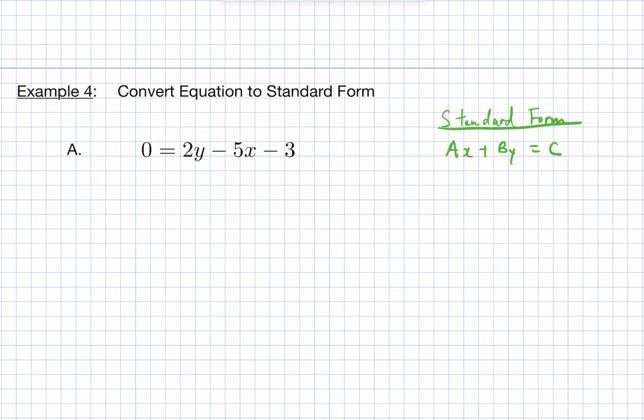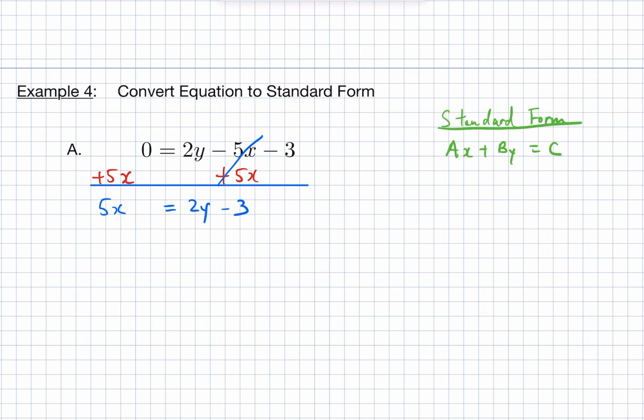So the first thing we're going to do is move this negative 5x over to the other side, and to do that we're going to add 5x to both sides. When we add those together, we're left with 5x is equal to 2y. These cancel out, and so we're left with minus 3.